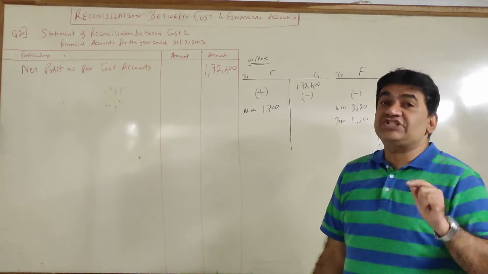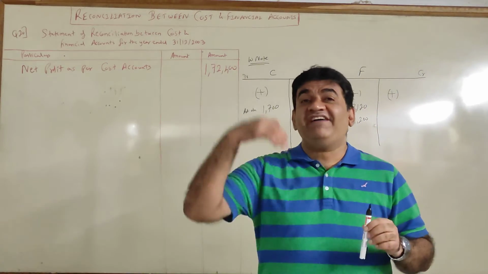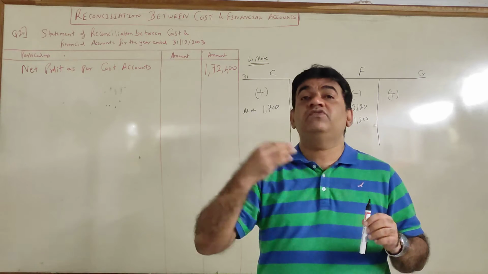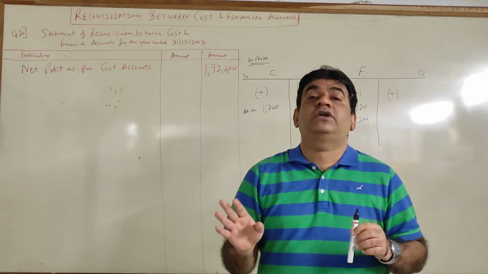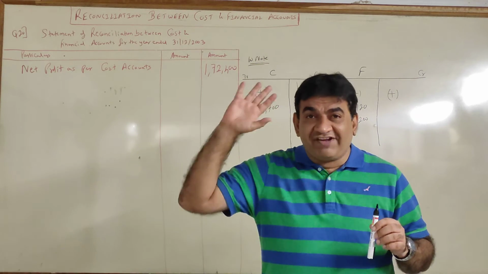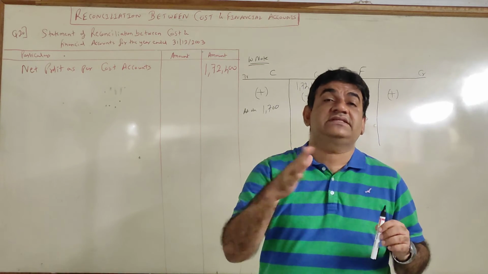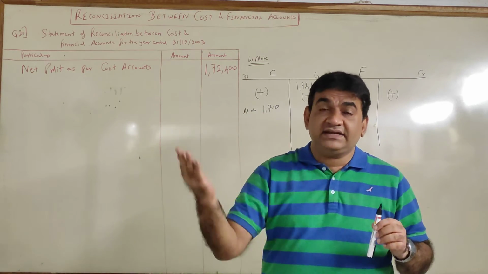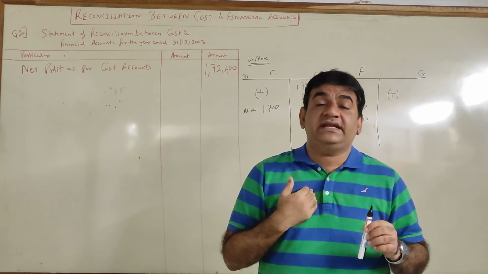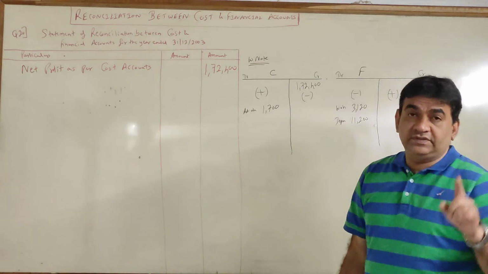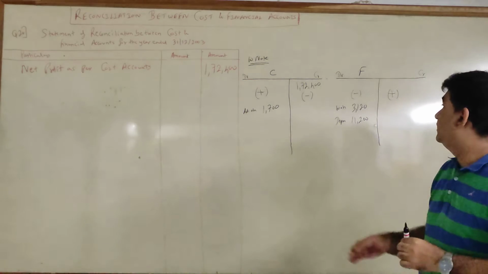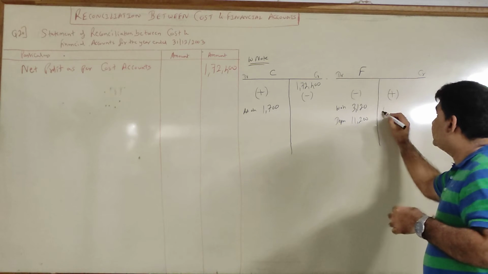Now, interest on investment. You have invested, on that you will get interest. That means what? Income. You have invested money, on that you will get interest. That means it's an income. When I pay interest, it's an expense. When I get interest, it's an income. So this is an income. So you will record it on the credit side.